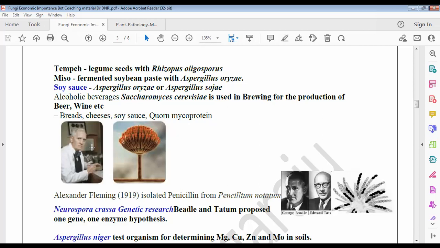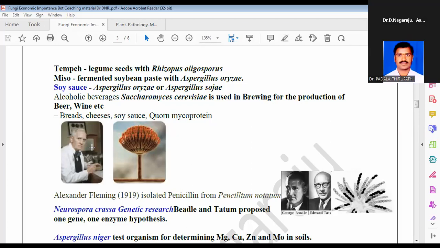Because of his laziness he was able to discover the wonder drug. It was not his intentional research outcome; it was a spontaneous product.